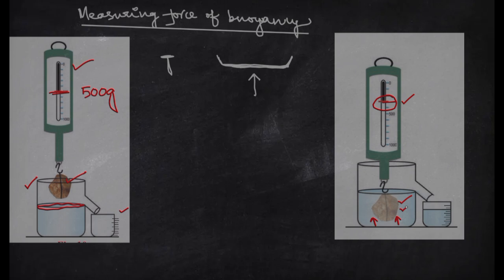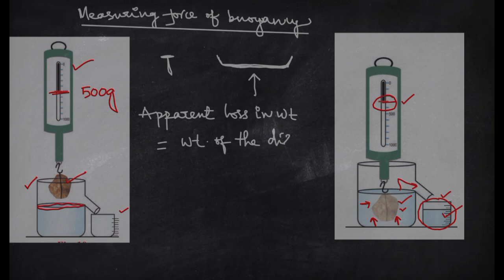When the stone is immersed in water, it displaces some water, and that water is collected in this beaker, and we have to weigh the water in the beaker. The loss in weight, or apparent loss in weight, is equal to the weight of the displaced water.